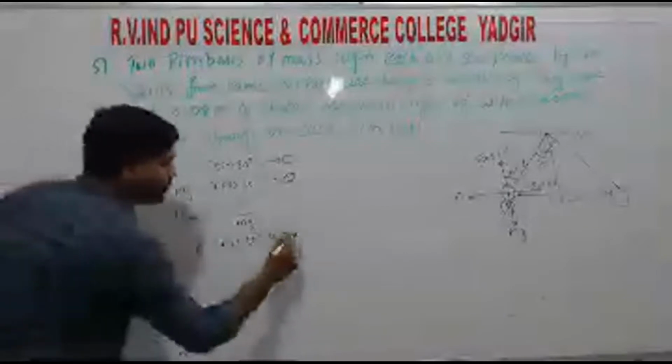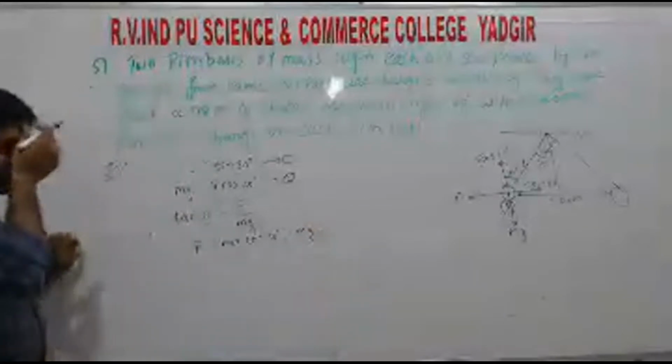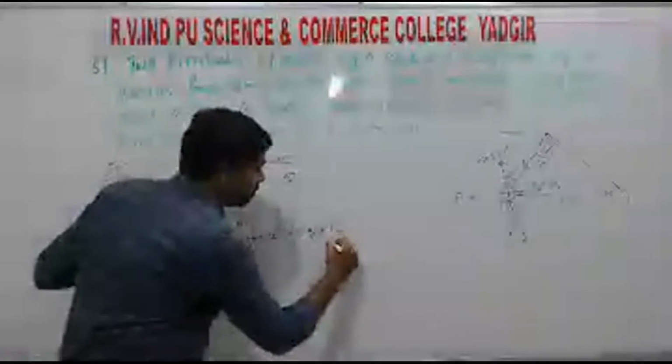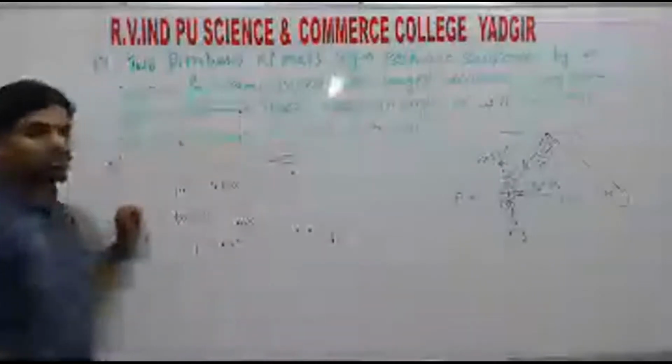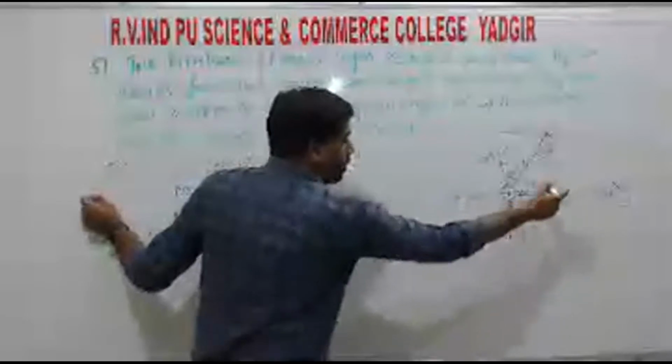So tan 30 is 1 by root 3, right? Here there is a force of repulsion, that is from Coulomb's law. We call this force, with charges q here and an identical charge q here, right?